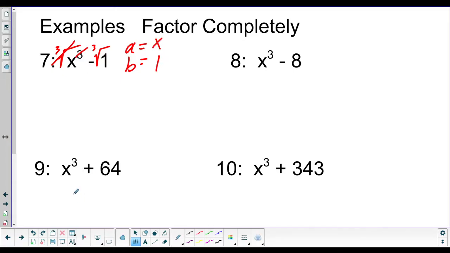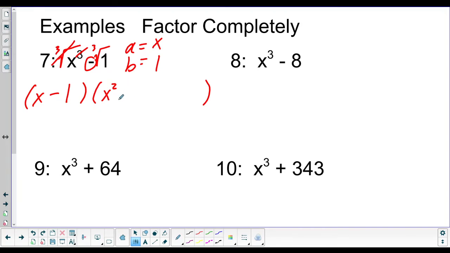Now we're going to use our SOAP formula. So the first set of parentheses is A and B, and it's SOAP S, same sign as what's in the problem, so minus. Then we have a bigger set of parentheses. It's going to be A squared. So X times X is X squared.